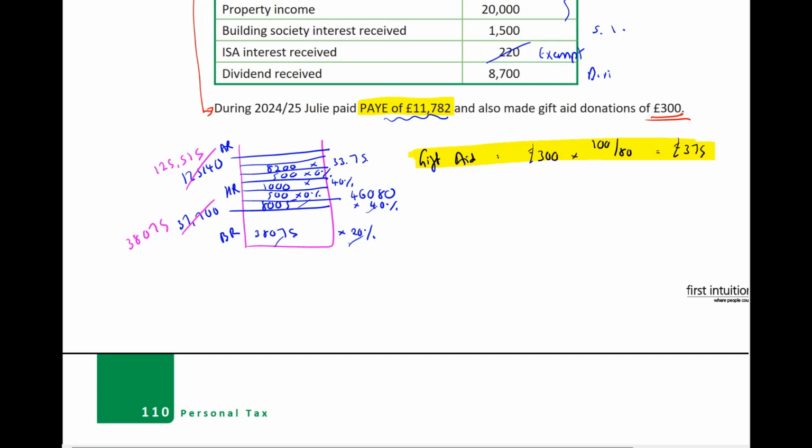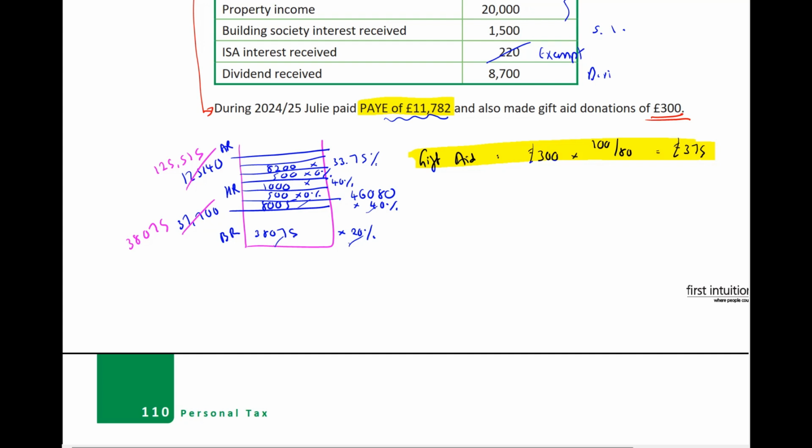So that bucket could perhaps be a little bit bigger, just so it didn't get so squashed, but I hope that it gives you the general idea. I really like the buckets for this sort of question because I feel that I can actually see my money being added up. I understand better how to deal with the savings rate and the dividend rate. They use up part of my band, but they're at 0%.